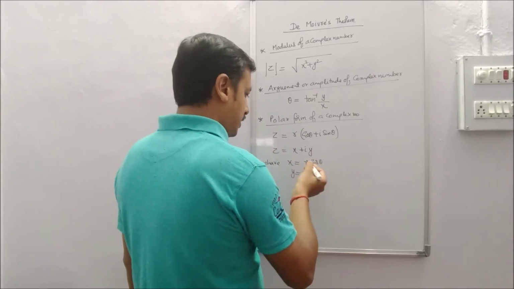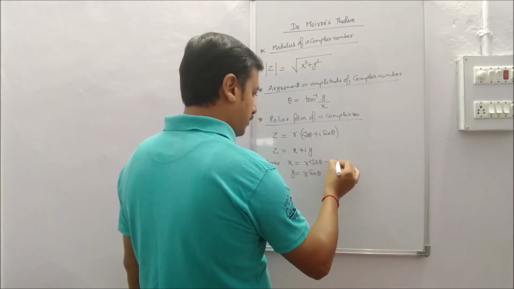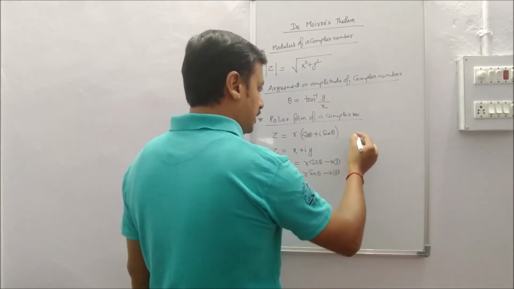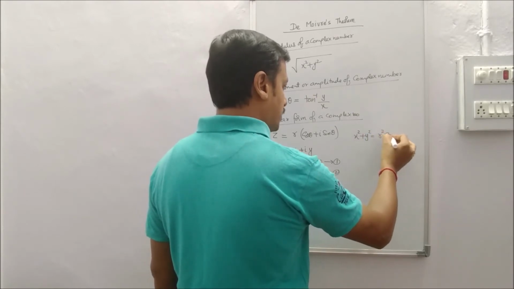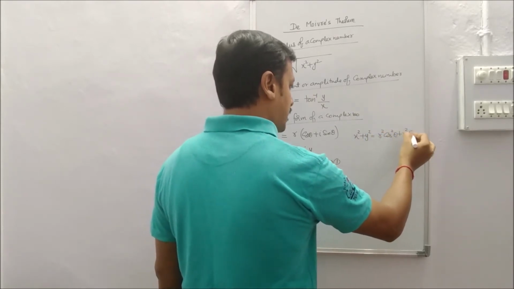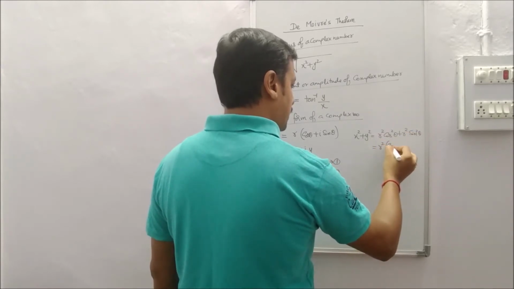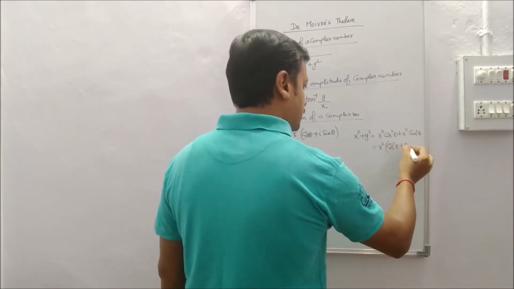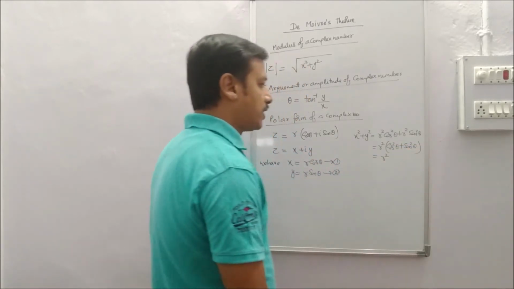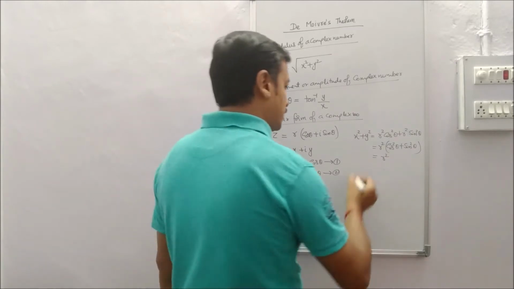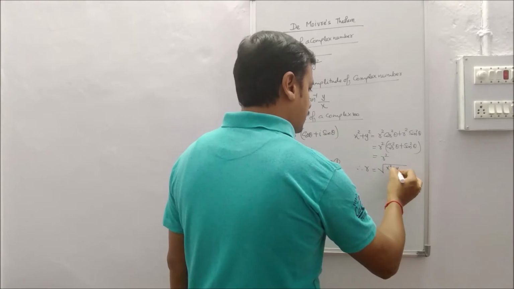Squaring both sides and adding them, equation 1 and equation 2, we get x square plus y square is equal to r square cos square theta plus r square sin square theta, which is equal to r square into cos square theta plus sin square theta, and as we know cos square theta plus sin square theta is equal to 1, so r is equal to root over x square plus y square.